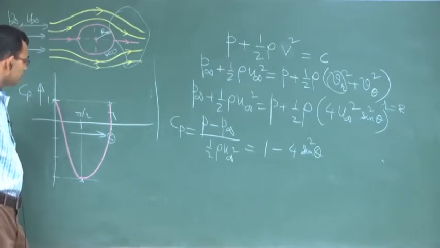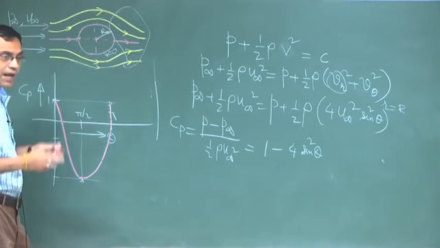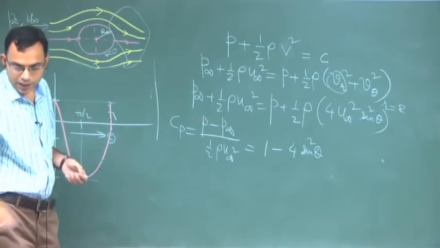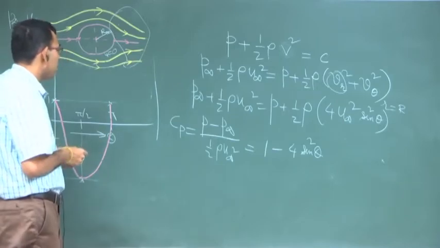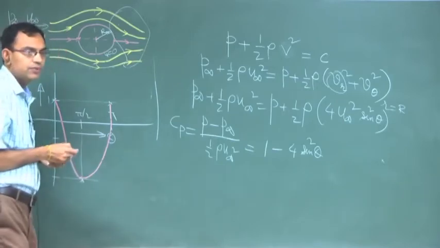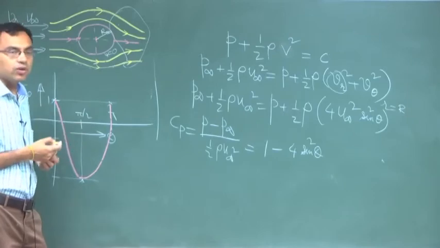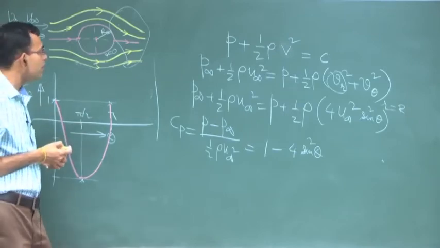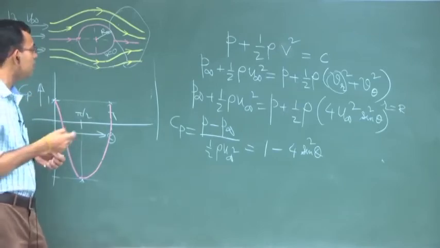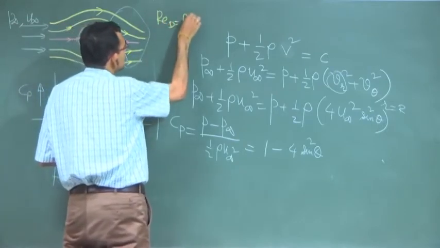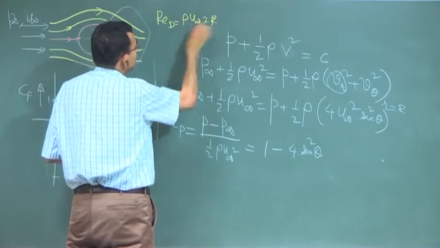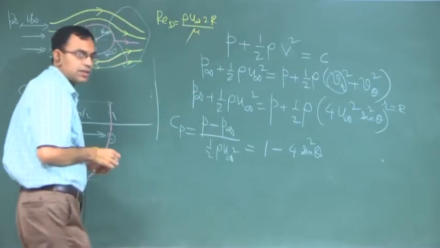Now what is the practical situation? Let us compare this with a practical situation of Reynolds number 10 to the power 5. Reynolds number is rho u infinity into 2r by mu, the viscosity of the fluid.